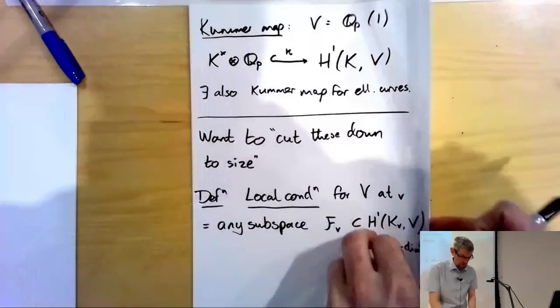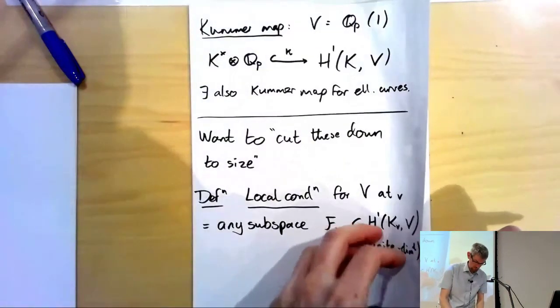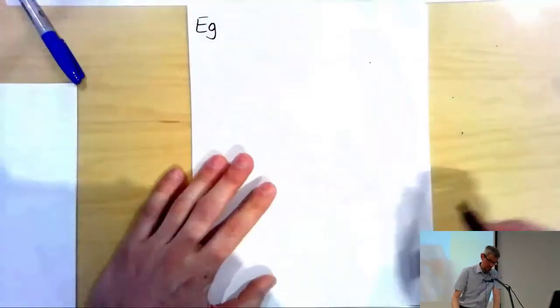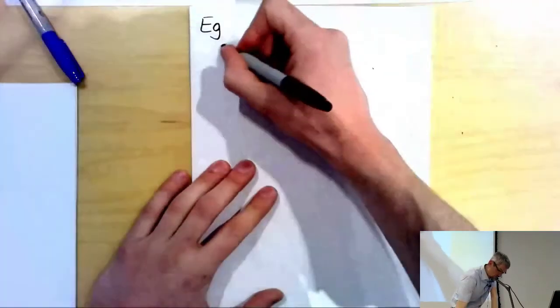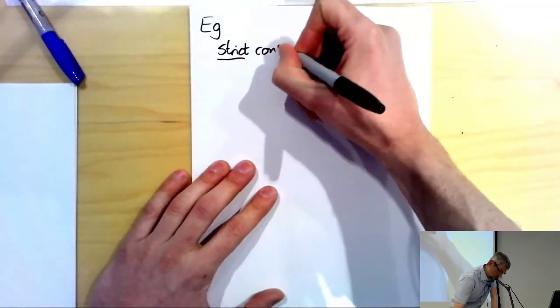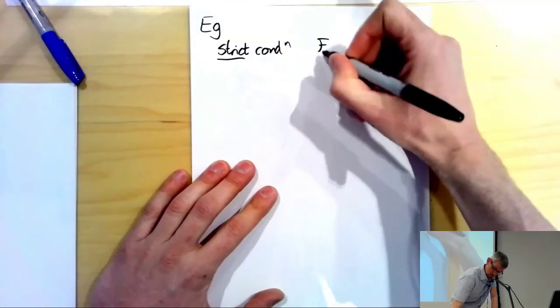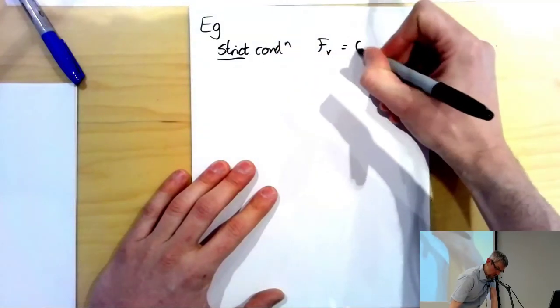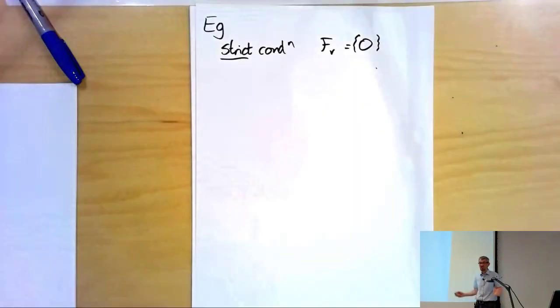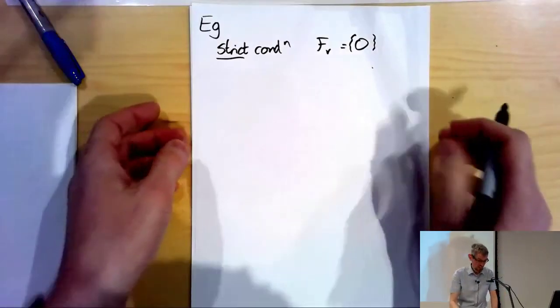So what are the kind of subspaces we can consider? There are some boring examples. You can take the zero subspace, certainly a perfectly legitimate choice.